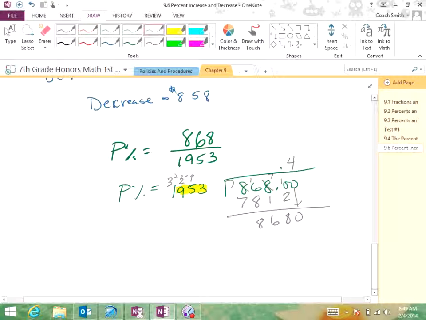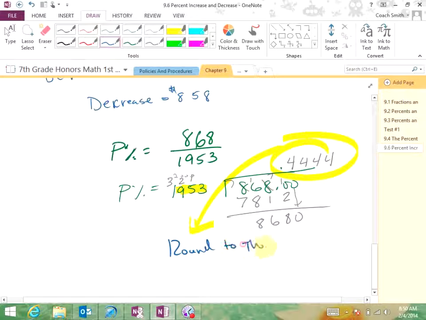That number looks familiar. Why does it look familiar? Because it's the same number I just divided into. Okay? So that tells me that it's going to repeat. Now, I said the other day that when you have a repeating decimal number and we're looking for the percent, we need to round to the nearest 10th percent.